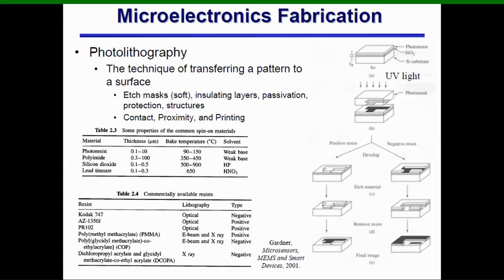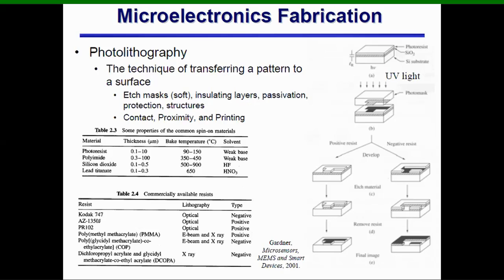Spinner machine से you have to put your wafer, and then you have to dispense the photoresist, which is in the liquid form. You have to rotate the substrate at a speed from 1000 to 1500, and we have to pour the photoresist.